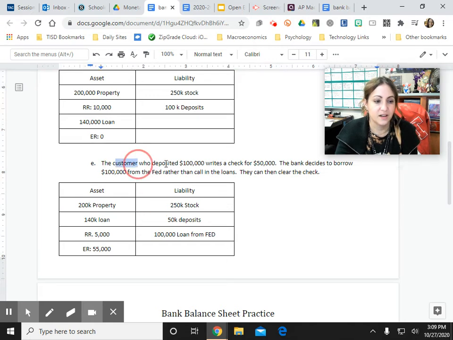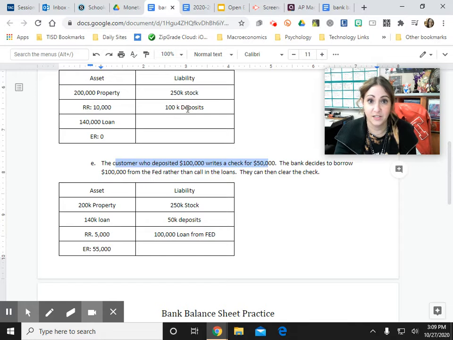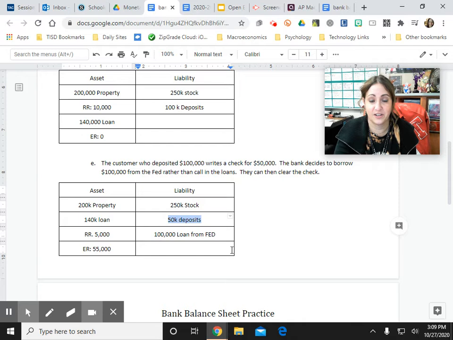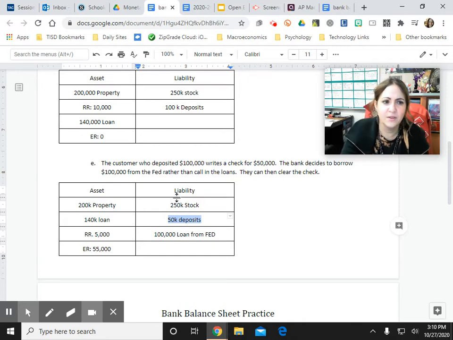But it says the customer who deposited $100,000 writes a check for $50,000. So they go to the bank and take out $50,000, and it's gone, which means $50,000 is left in their account. Well, how did the bank pay them? They have nothing in their vault. In the previous question, we drained excess reserves.